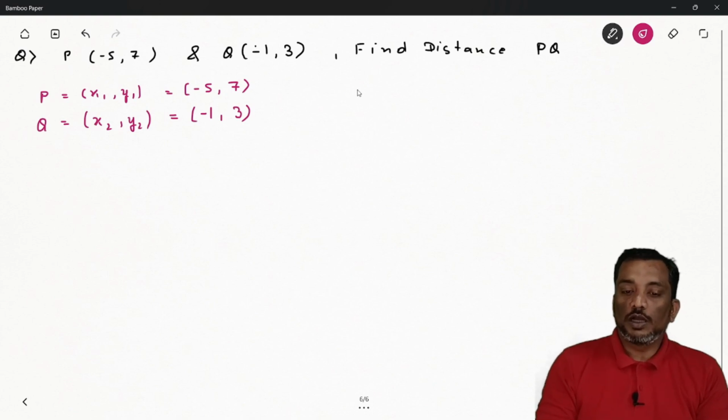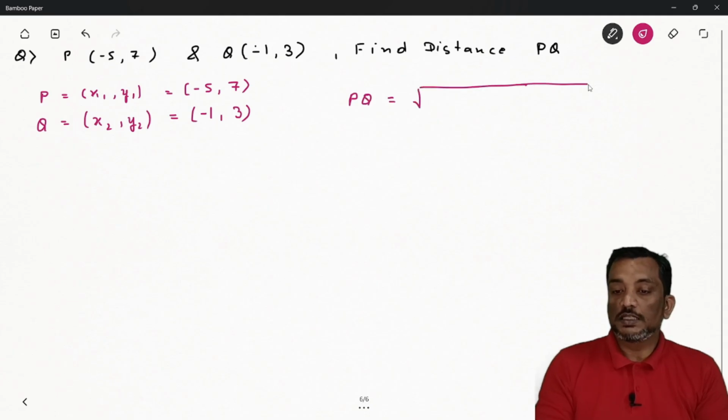So now here we can simply say PQ is equal to our formula. Always write the formula before solving: square root of x2 minus x1 whole square plus y2 minus y1 whole square.